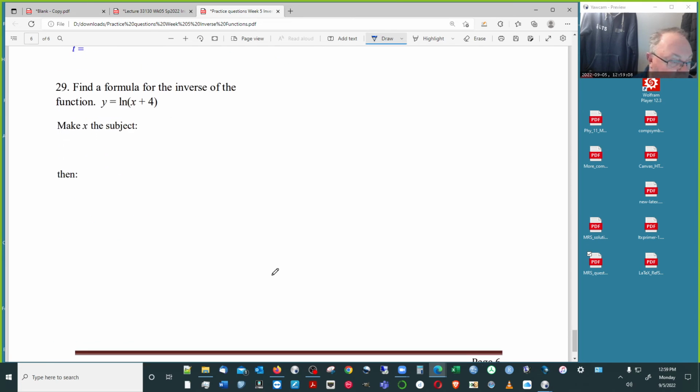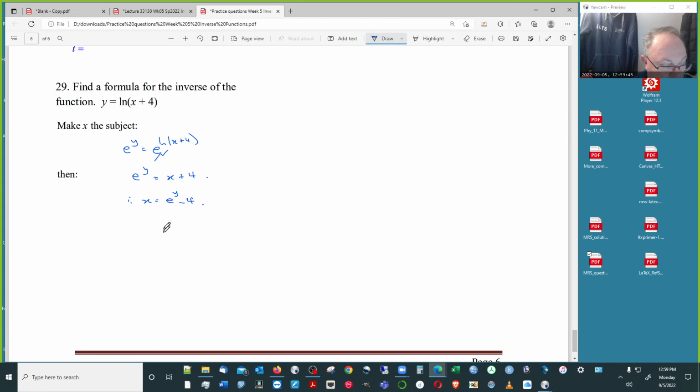Alright, find a formula for the inverse of the function y equals the ln of x. Okay, so this is where you want to take e's. Take e's for everything. That's undo. So e to the y is equal to x plus 4. So therefore x is equal to e to the y minus 4.